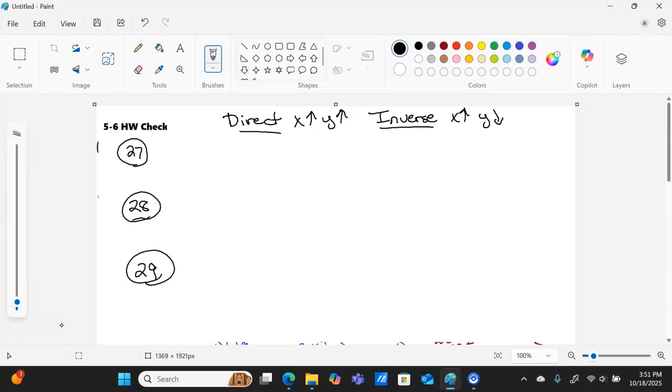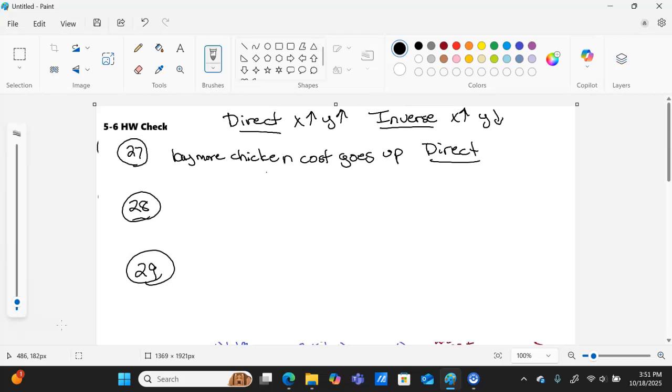So if you look at number 27, you buy some chicken for $1.79 a pound. As you buy more chicken, the cost goes up. One goes up, the other goes up. This is a direct variation.